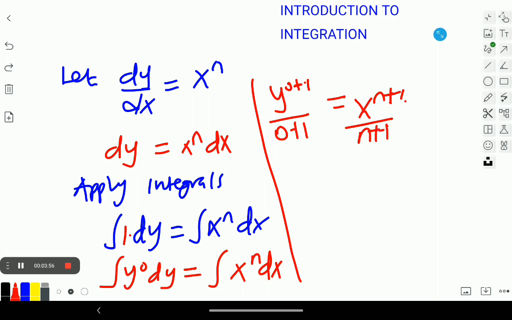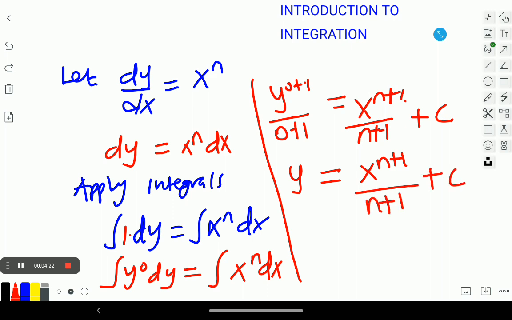Then we have seen that if you integrate, we just add a constant, so we shall have plus c. Now from this point we shall have y is equal to x power n plus 1 divided by n plus 1, plus a constant.